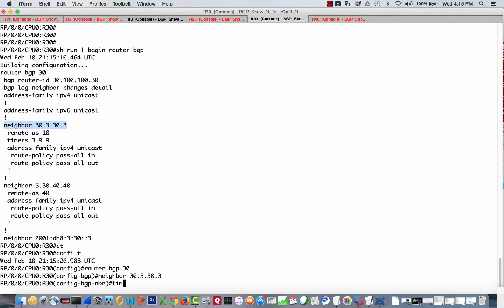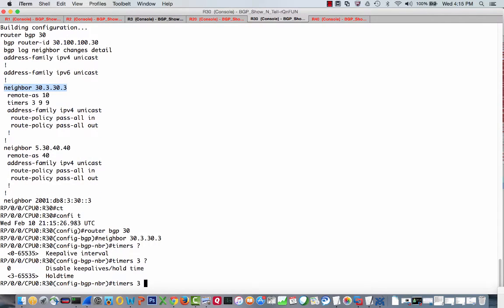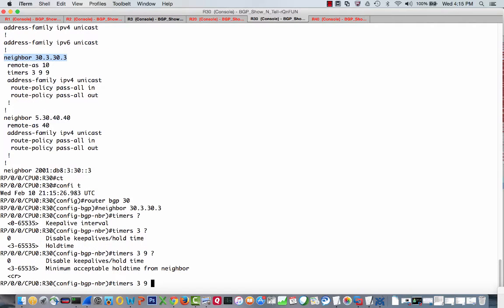And so let's do a timers. Again, the keep alive, which was 3, and then the hold time. Now, that third number right here is actually the minimum acceptable hold time that we are going to permit from this neighbor.